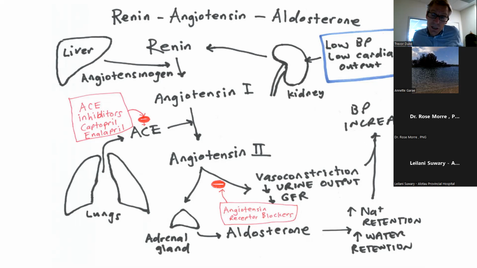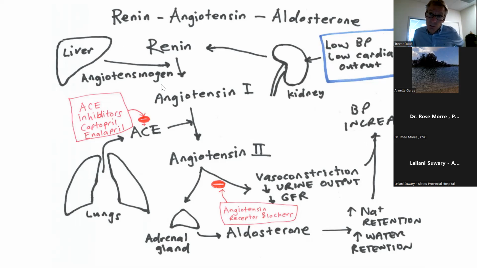So children may have slightly low cardiac output or low blood pressure, and that causes the kidneys to release renin. So if they've got a VSD, their cardiac output may be low, and they have more renin being produced by the kidneys.